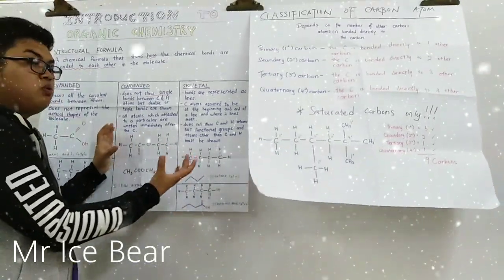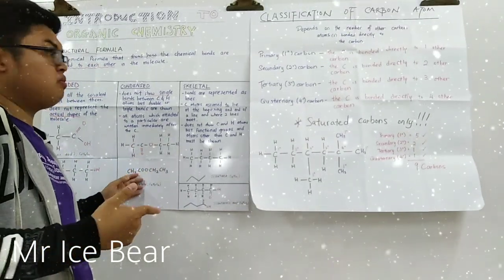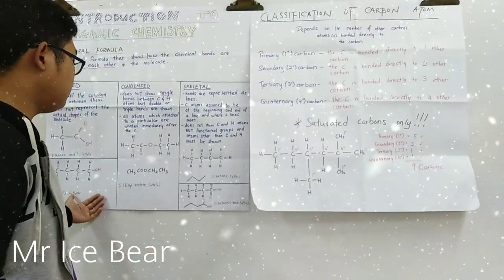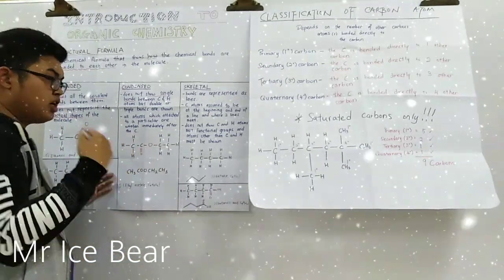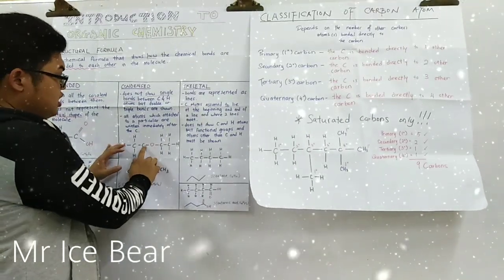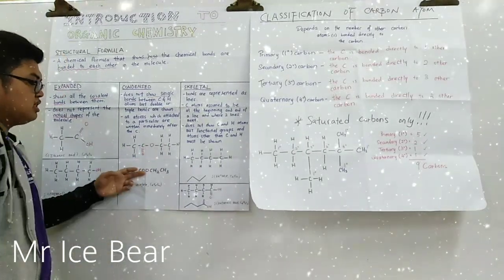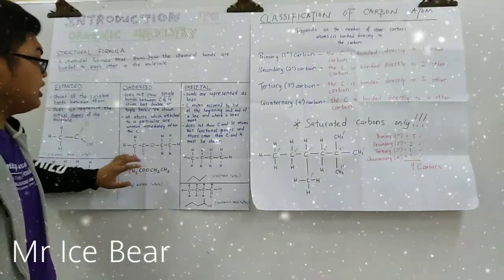In this expanded form, we want to compress it. That's why it is called condensed; we want to make it more simplified. So this carbon attached with 3 hydrogens, we write as CH3, then COOC, like this.